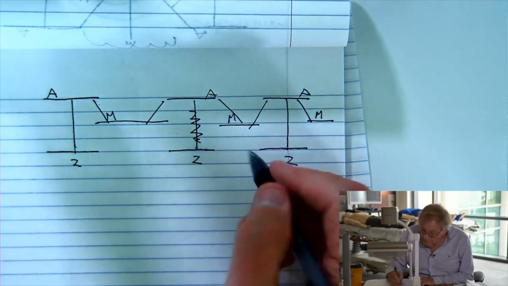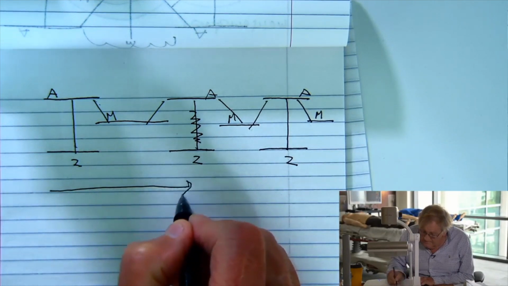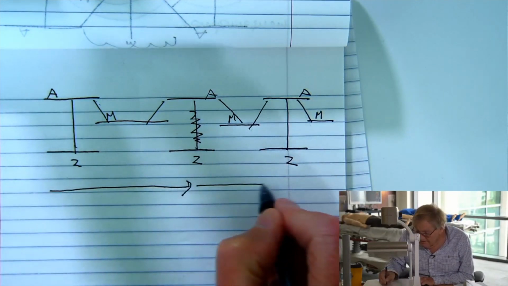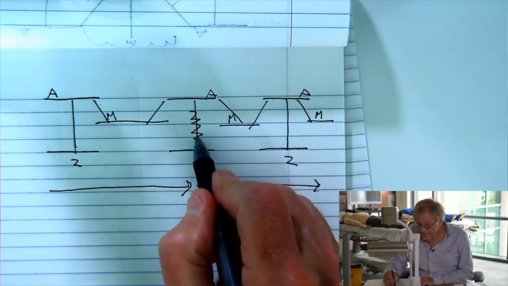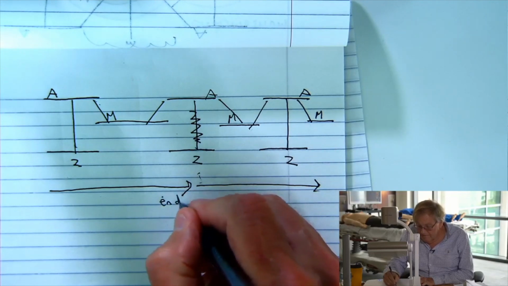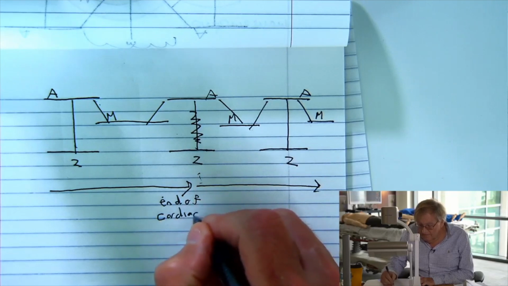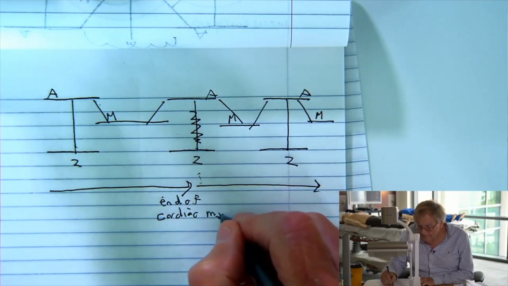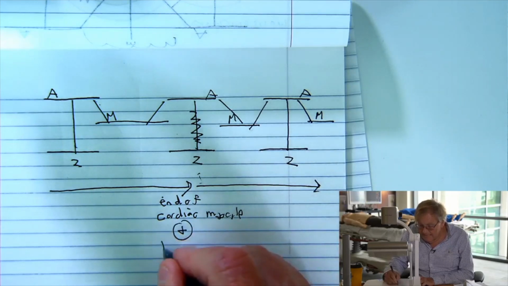So therefore, if I drew a line that stopped here, and I drew a line that started here, right here where I see this squiggly line, that was either the end of a cardiac cell or a cardiac myocyte, but at the same time, it was also the beginning of another one.